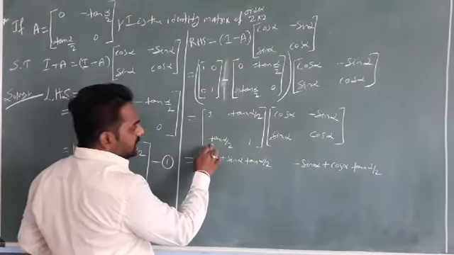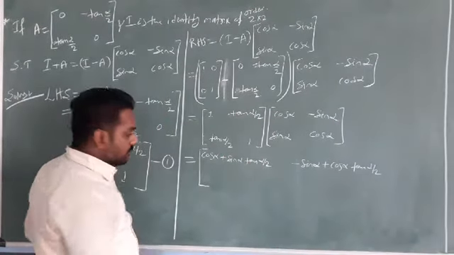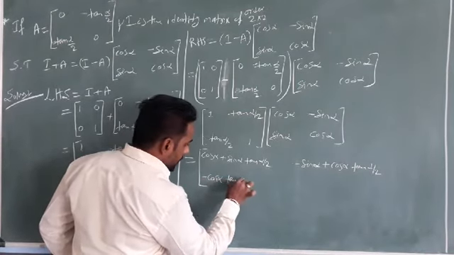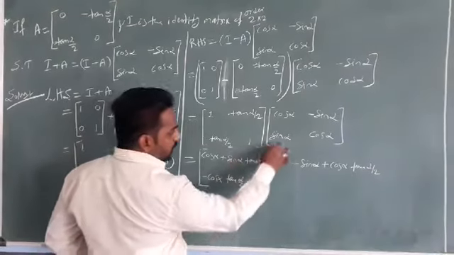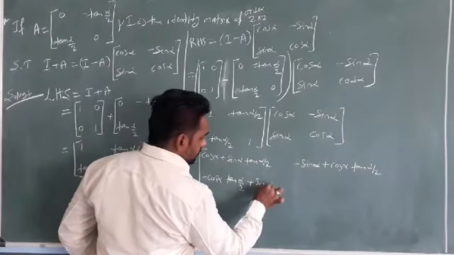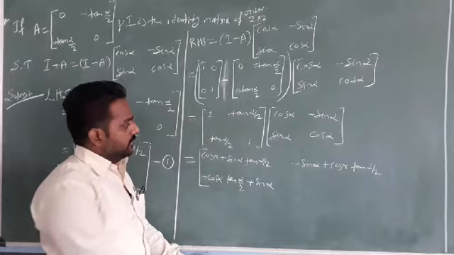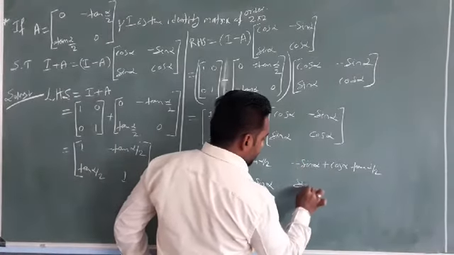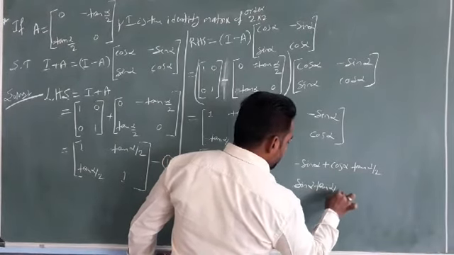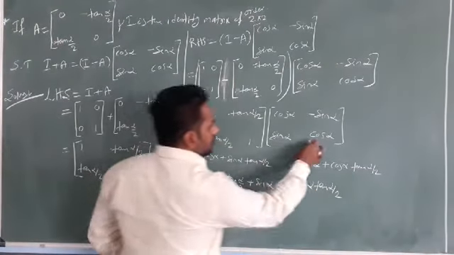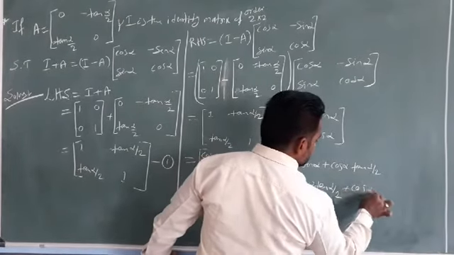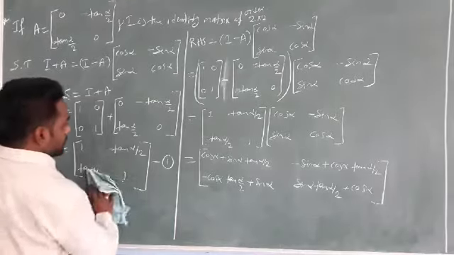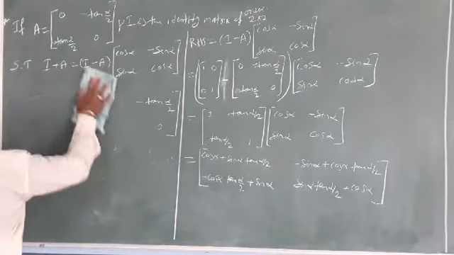Next, minus tan alpha by 2 into cos alpha, that is minus cos alpha into tan alpha by 2. 1 into sin alpha, that is plus sin alpha. Next, minus into minus plus sin alpha into tan alpha by 2. 1 into cos alpha plus cos alpha. This is the product result. Okay. So what is the next one you have to do here, students?